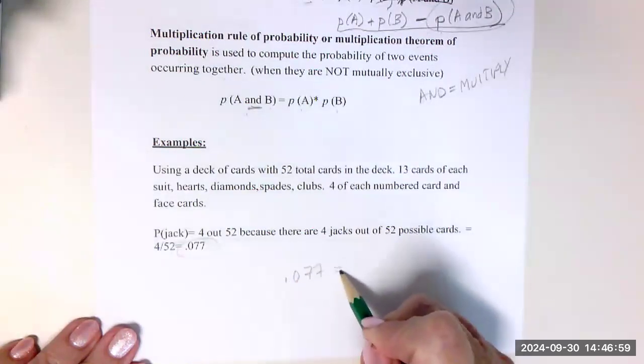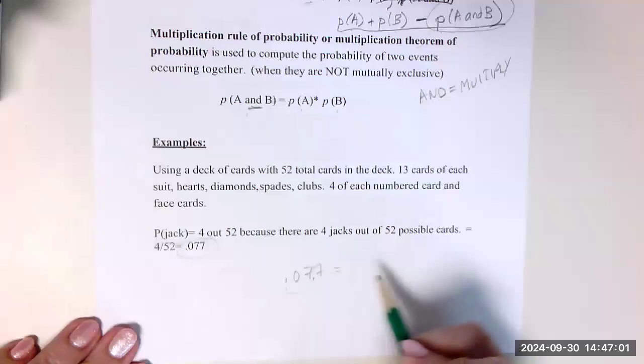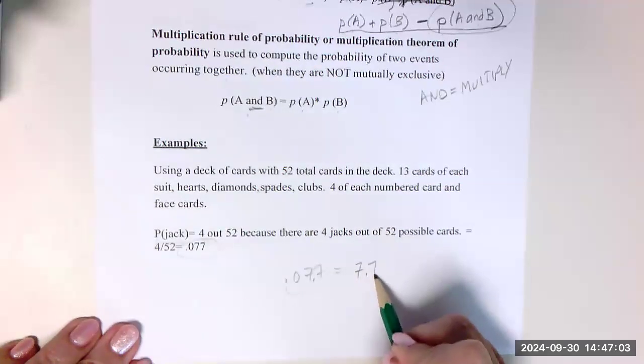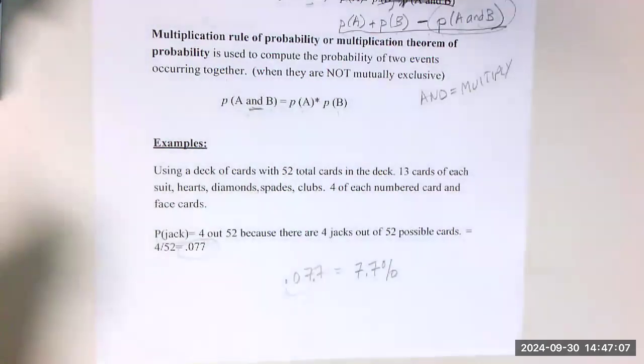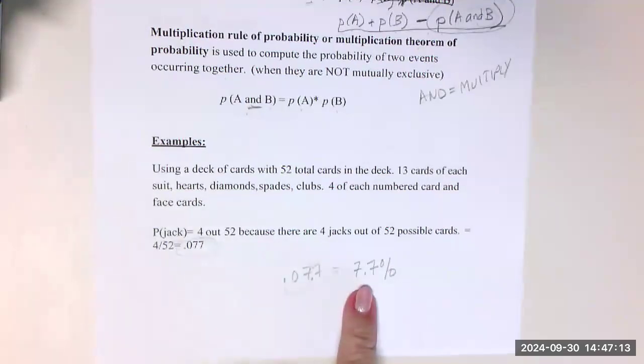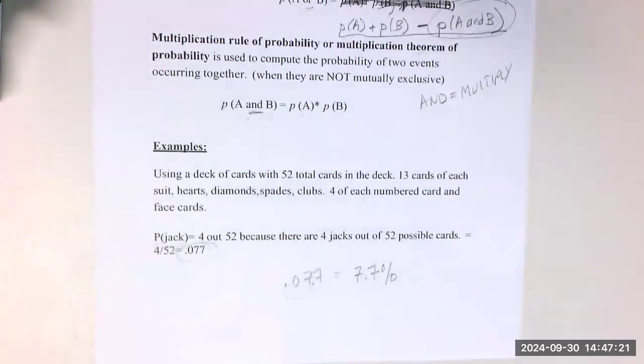If we turned it into a percent, that would be 7.7%. So when you have a deck of cards, the probability that you're going to get a jack randomly, if you just draw one card out of that deck, is more than 7%. It's closer to 8%, right? It's 7.7%. So that's just using basic probability.